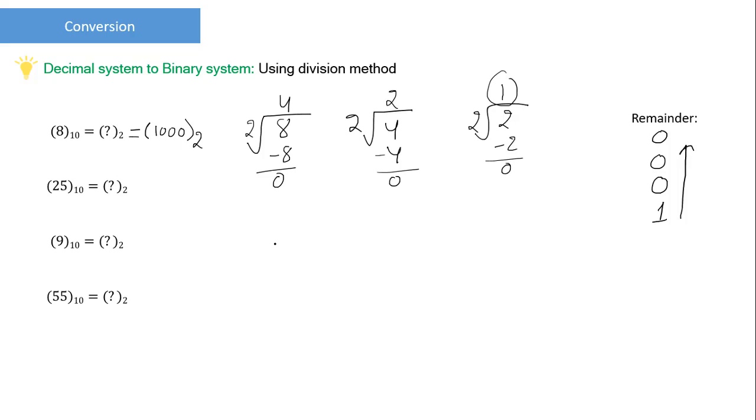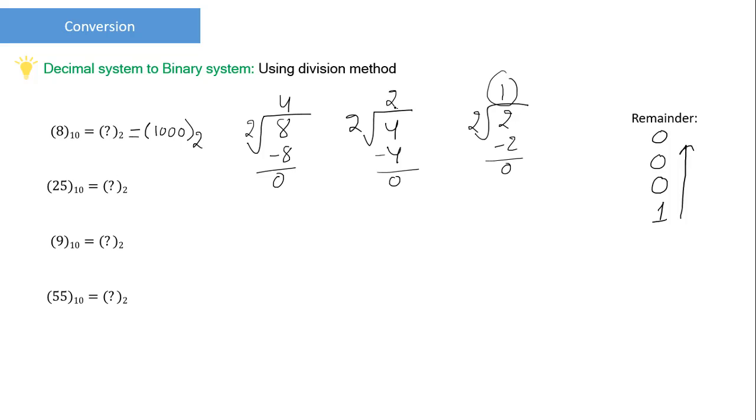So now I will again repeat this. If you have any number which we want to convert into the binary system, then divide that 8 by 2. Whatever remainder that we get, write that remainder on the side, and whatever quotient that we get, divide that quotient by 2 again. So here we divide 4 by 2, we get the remainder 0. We write that remainder on the right hand side.